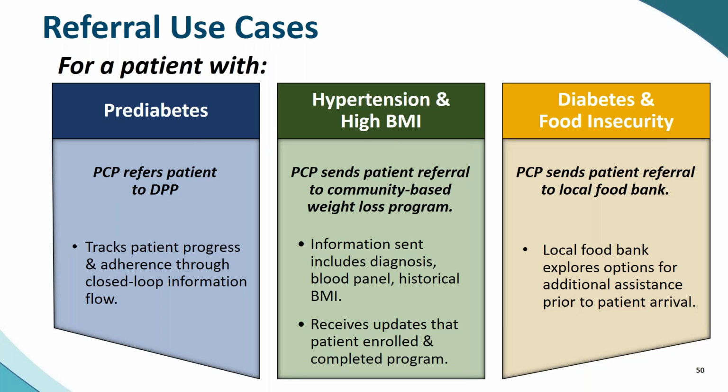We're seeing some community-based weight loss programs that are having great benefits for patients with hypertension or with a high BMI. We can set those groups up as a referral point within the HIE. Again, you've got a patient with diabetes or food insecurity, you can send that patient referral to a local food bank or to some local support agency or to a local diabetes nutritional education program at your local YMCA.